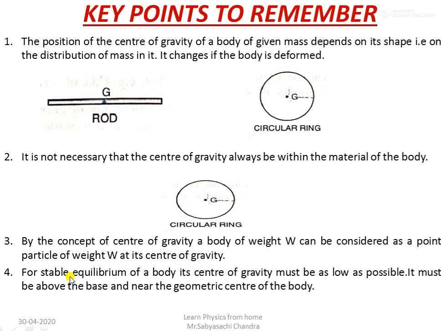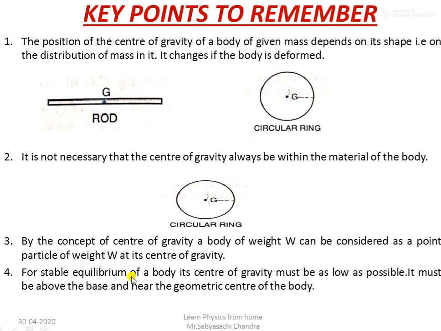For stable equilibrium of a body, its center of gravity must be as low as possible. Now, this is a very important concept. For the equilibrium of a body, the center of gravity must be very low, above the base, and near the geometric center.